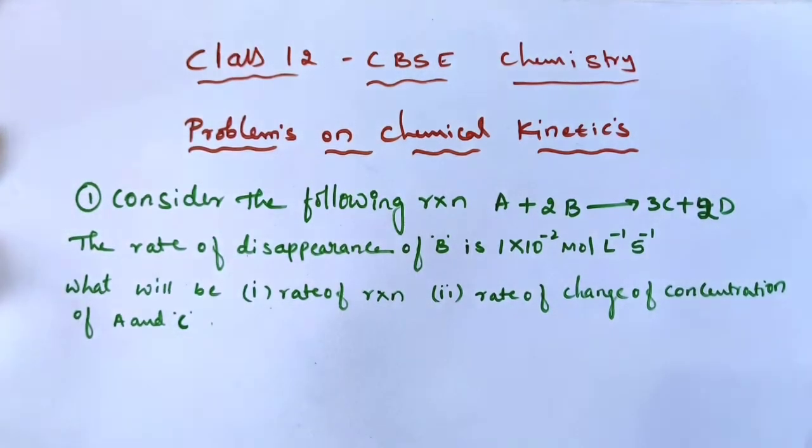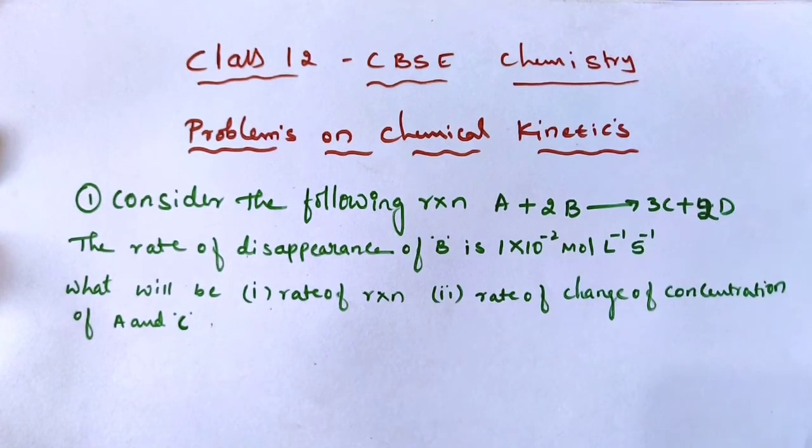So we need to find out the rate of the reaction for the disappearance of B, reactant B. So we know the general reaction.